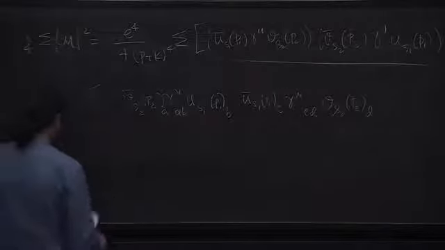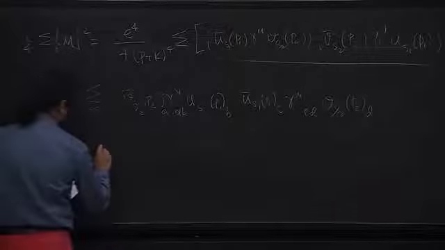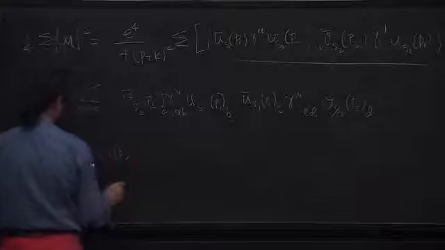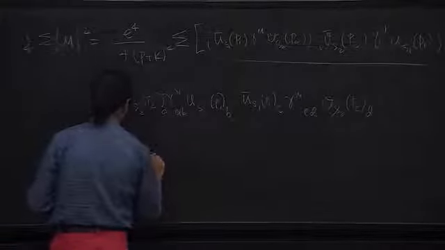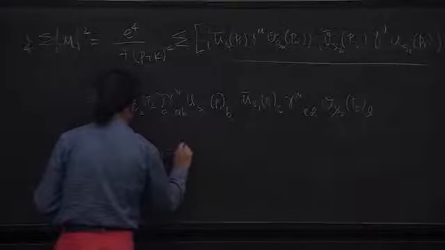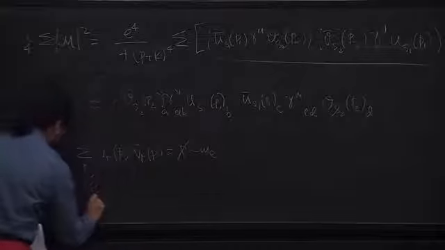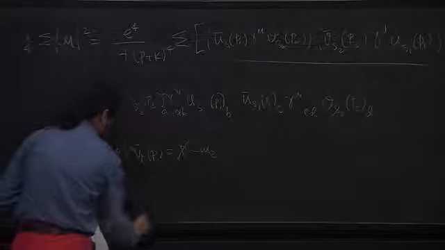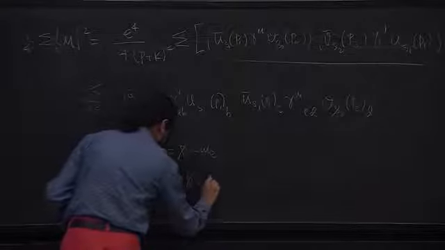Now, if we use our favorite identities, which is V of R summed over R, of say P, V bar of R summed over P, gives us P slash minus this, and U bar gives us P slash plus ME.